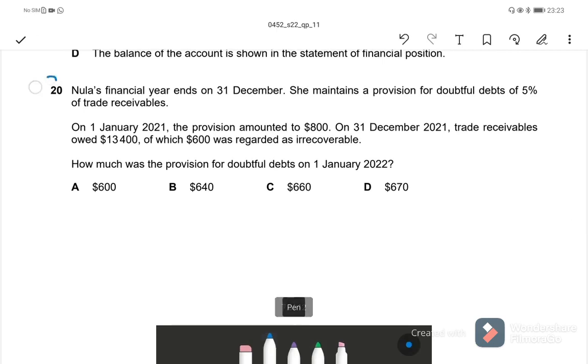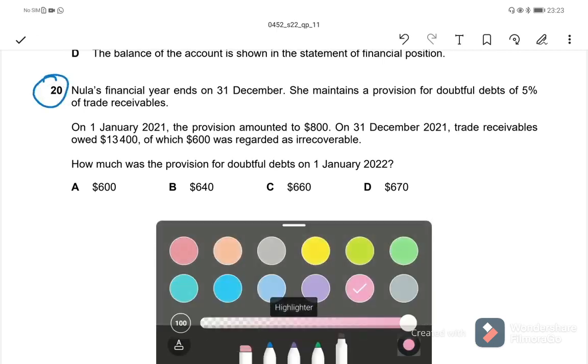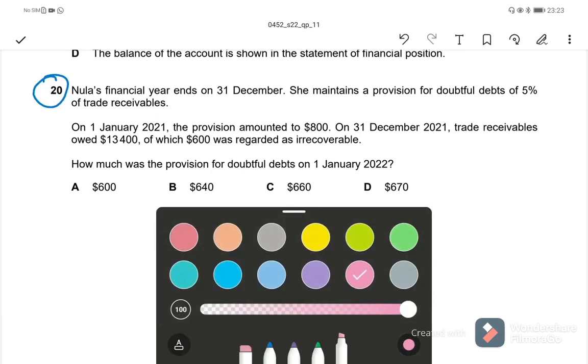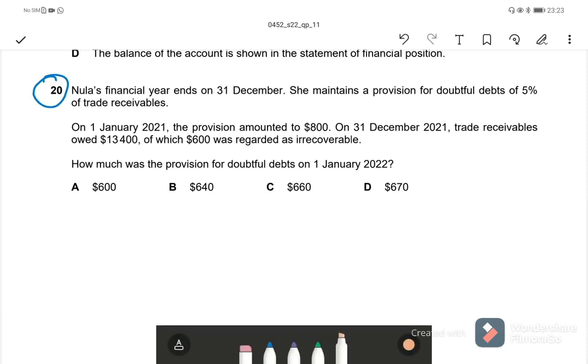Question number 20. Nula's financial year ends on 31st December. She maintains a provision for doubtful debts of 5%. On 1st January, the provision amount is 800, this is the opening.